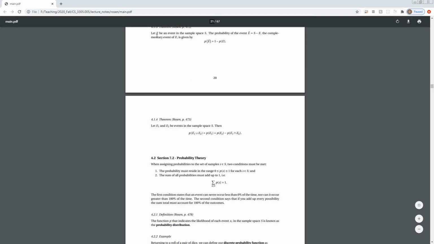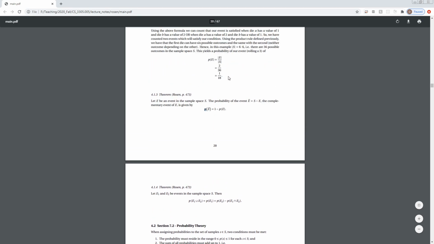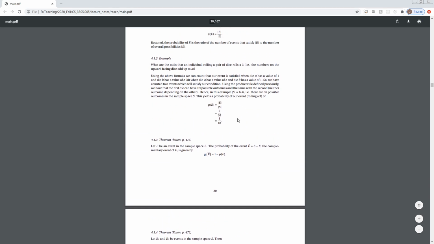Okay. Now we have another theorem, the probability of the complement. What are the chances that I roll anything other than a 3? So, not a given event. Instead of asking directly, what if I ask for not this thing to happen? Well, it's 1 minus the probability of whatever it is that you don't want to happen.